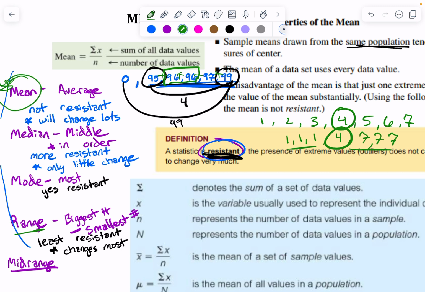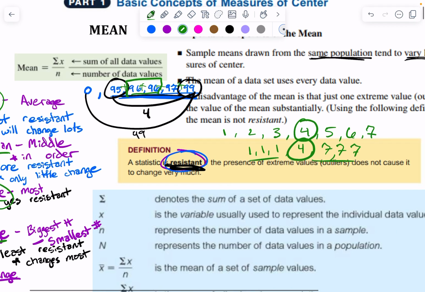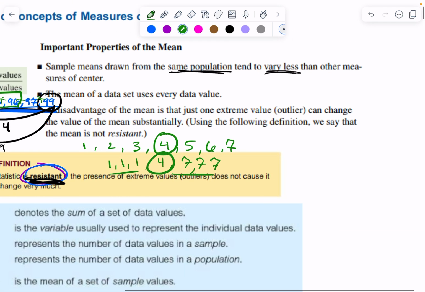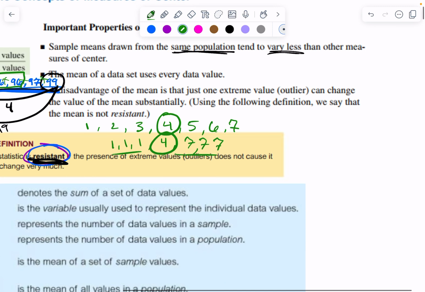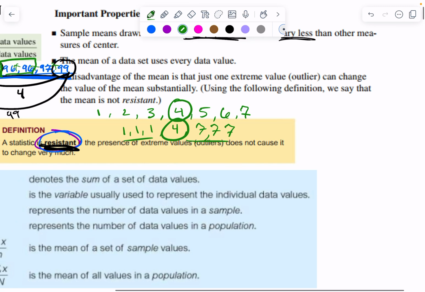That's why we don't do a median or a mode. It'd be nice if we did a mode. All I'd have to do is get 200% and then every other grade could be in the 20s, as long as it wasn't 220s, right? So anyway, all right, a disadvantage of the mean is that just one extreme value can change the value of the mean substantially. So the mean is not resistant, okay?